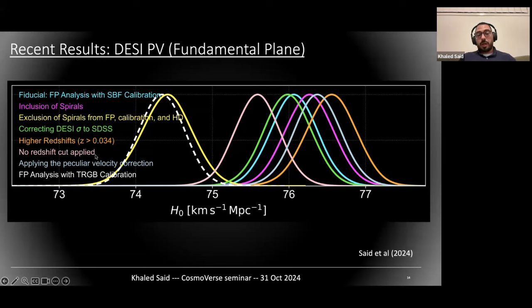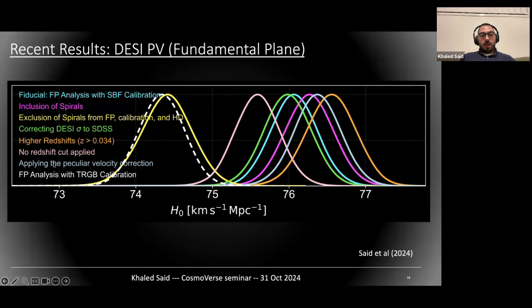What if we don't do any redshift cut at all? We're cutting at redshift 0.02, to avoid the huge effect of peak velocity, and with no cut it moves down a little bit with this curve.